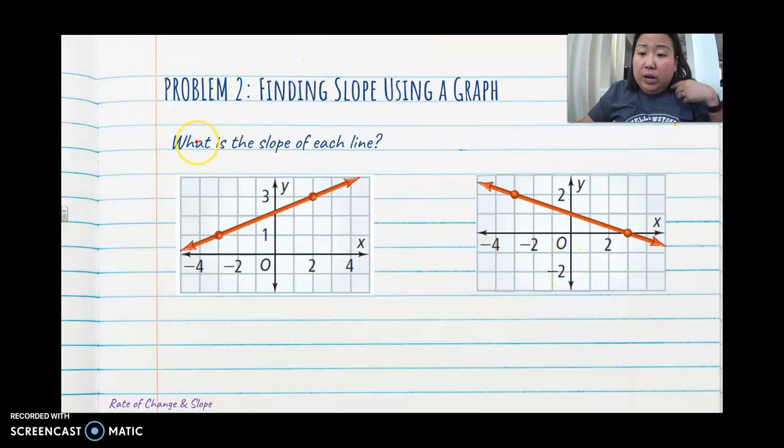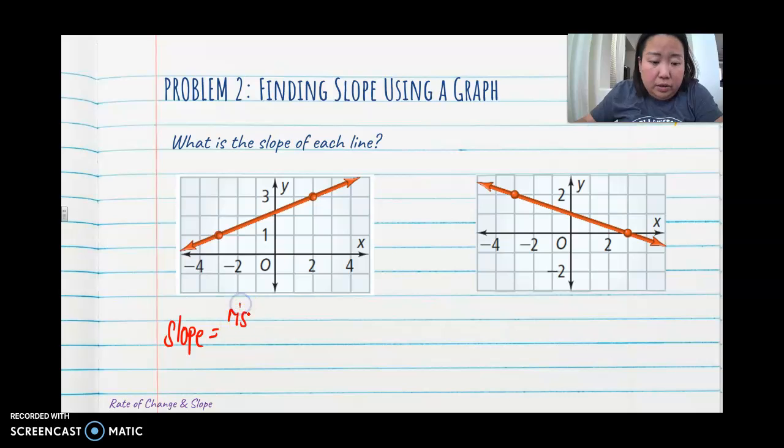If you are given a graph of a line and you are being asked what is the slope of the line, all you need to do is find two distinct points. So always find two distinct points. Now, if you would remember, slope is rise over run. That's what you always remember.